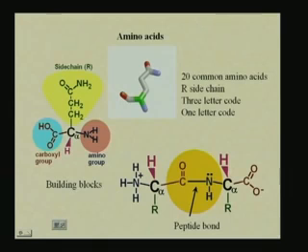Now, if you notice in this structure that we have here, that is called a stick structure, in the stick structure we do not see the hydrogens. Okay. The nitrogens are always marked in blue, the oxygen atoms are marked in red, the carbon atoms are marked in green, that is for the asymmetric carbon, and the others are marked in grey.